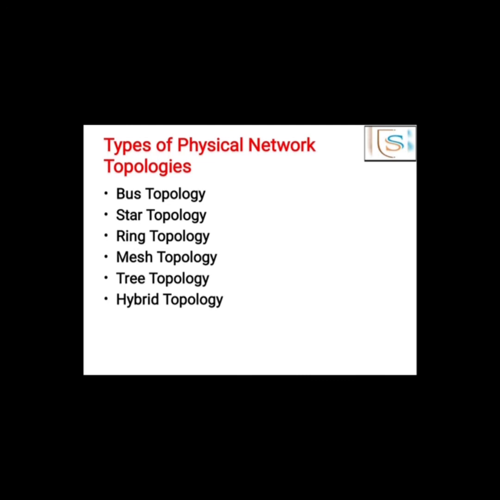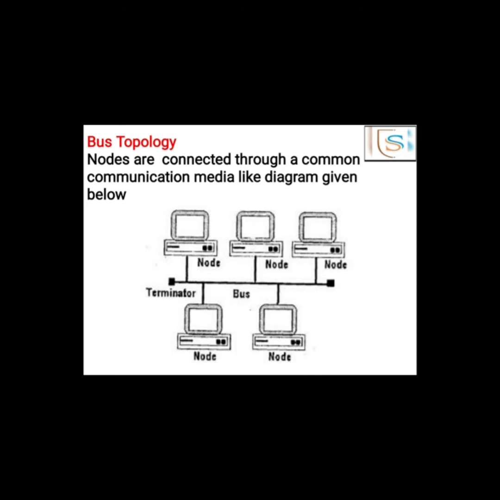Now, as I previously said, your computers can be arranged in many kinds of geometrical arrangement. Out of that, the first arrangement is bus topology. What is a bus topology? Just see the diagram here.